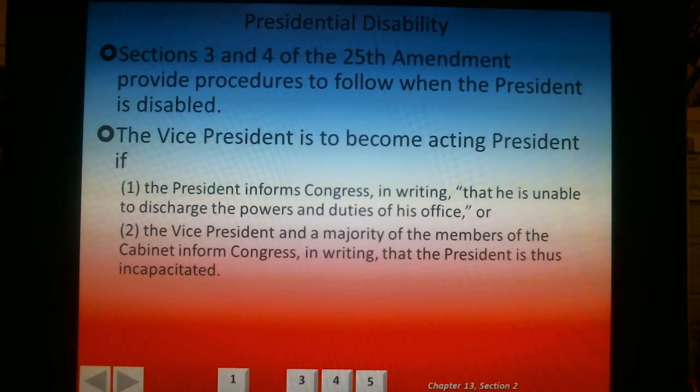The vice president and a majority of the cabinet can also go to Congress, and in writing, they can say that the President of the United States is no longer able to fill the office of president and needs to be removed. Now, this has never been done in our nation's history, but it could.